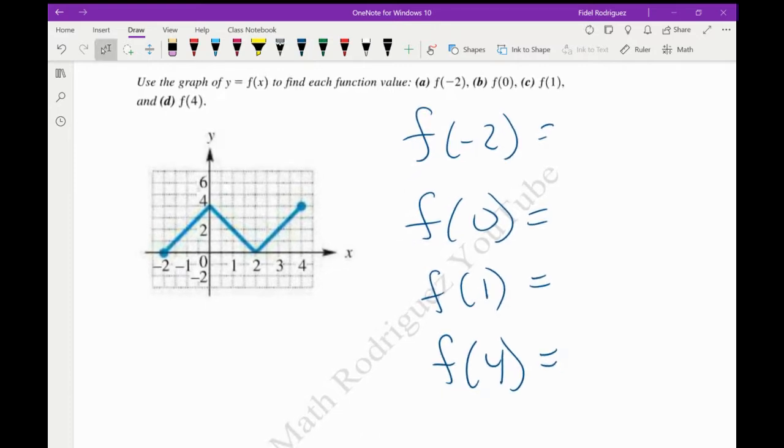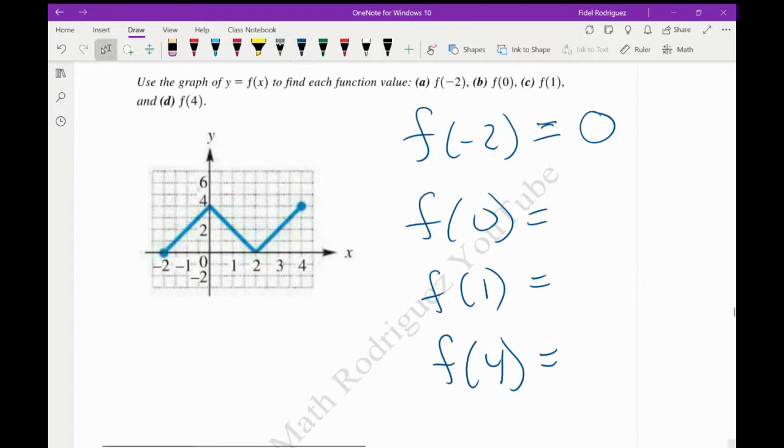Looking at the picture, does anybody know what is the value of f of negative 2 just by looking at the picture here? Anybody know what f of negative 2 is equal to? Zero. Very good. Boom, got it. Awesome. Okay, so guys, right here we're going to put 0.